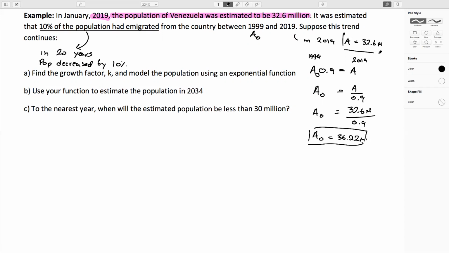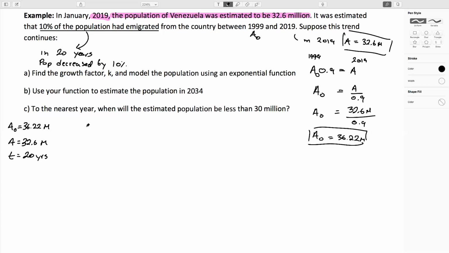We know our population in 2019 was 32.6 million, and we know that time t is 20 years. So let's write this over here and solve for our constant. A naught is 36.22 million. A, our final population, is 32.6 million. And t is 20 years.